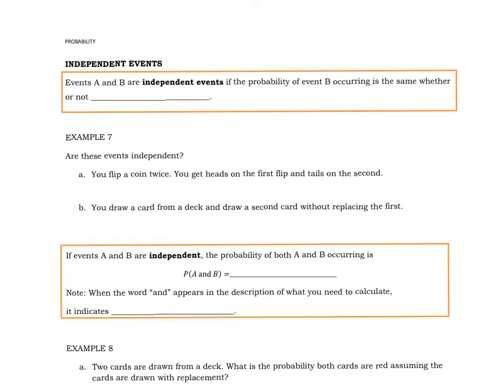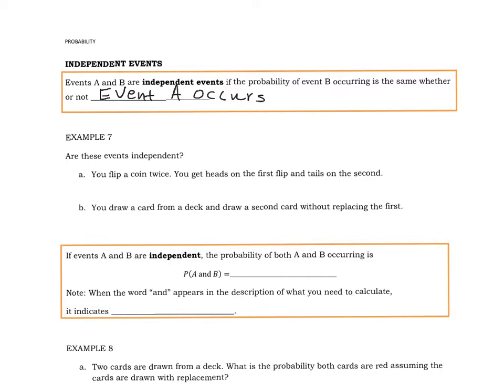Independent events. Events A and B are independent events if the probability of event B occurring is the same whether or not event A occurs. All right, so example, are these events independent? You flip a coin twice.